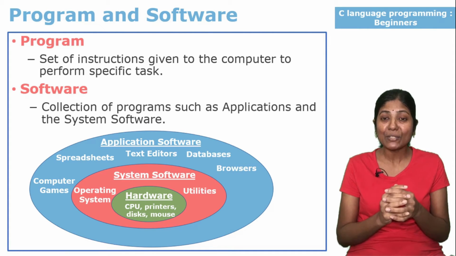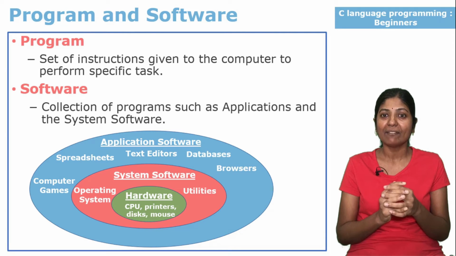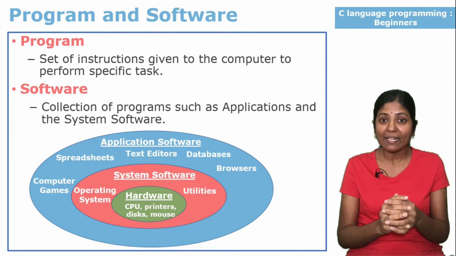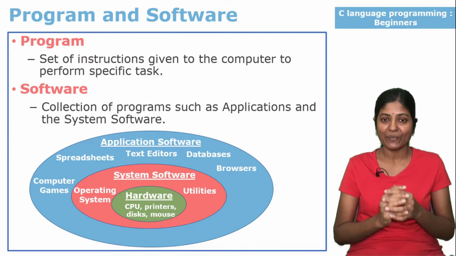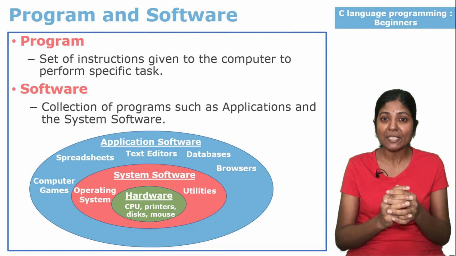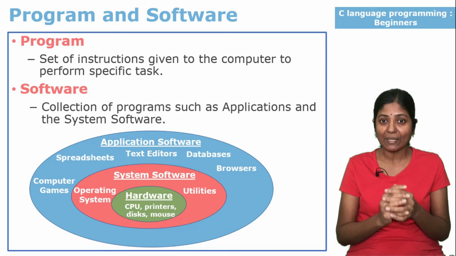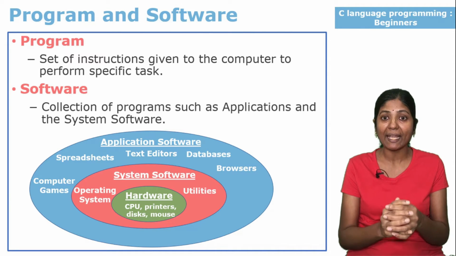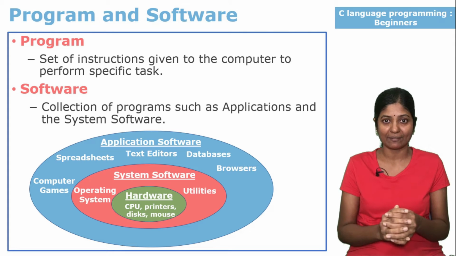A collection of programs becomes software. Software could be application software or system software. In the features of C programming, I already briefly told you about the difference between system software and application software.